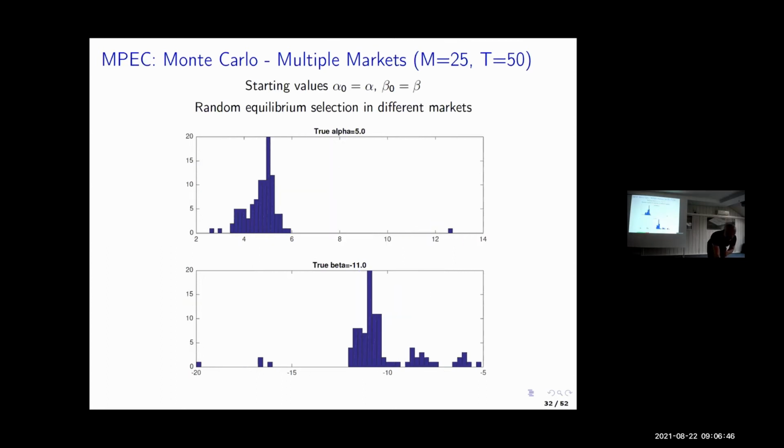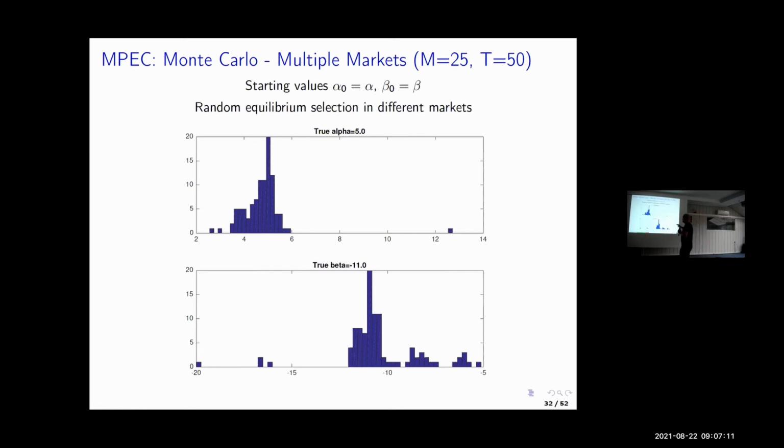For MPEC, it kind of works. Sometimes it doesn't converge. And here I'm only showing things where the equilibrium conditions actually hold, so I'm not showing something that has converged to something that's just not a solution.